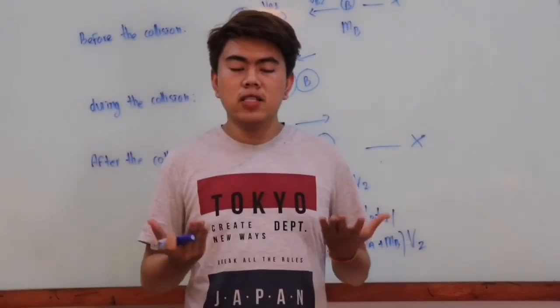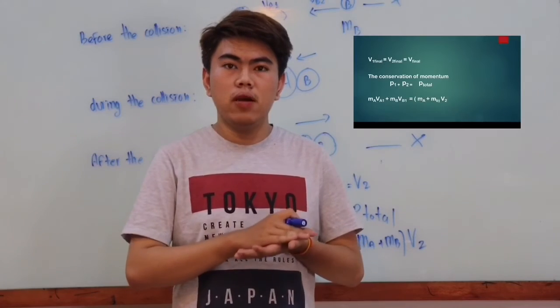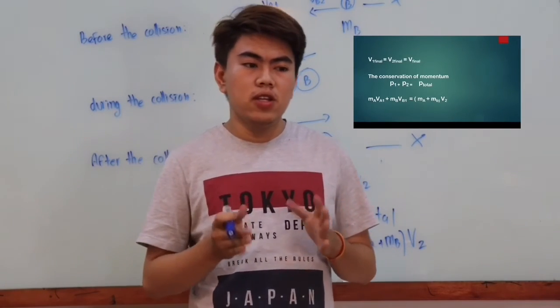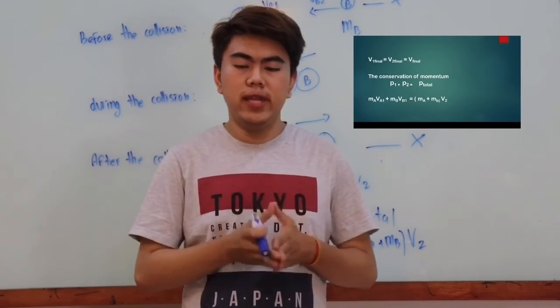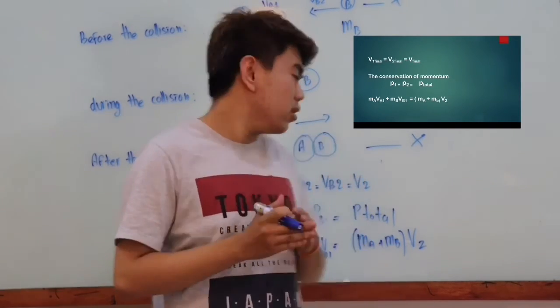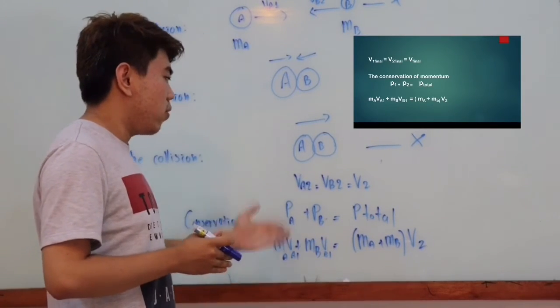So right now, as we know, in every collision momentum is conserved. So what do we get from the conserved momentum of a completely inelastic collision? We have PA plus PB equal to P total.